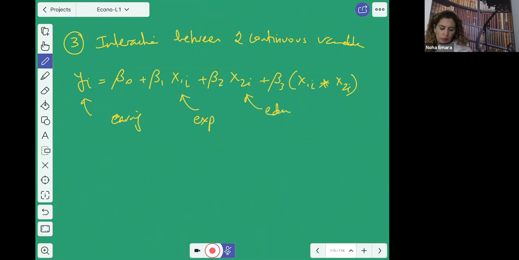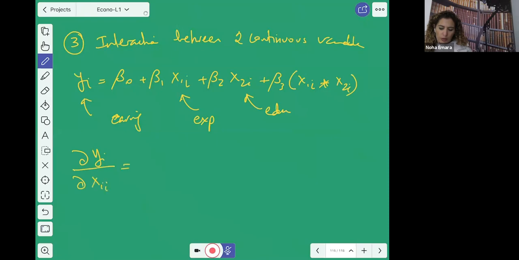experience, and this is education, okay? And now suppose that I want to find out what's the impact of experience on your earning. I can easily do a first derivative. So what is the first derivative of this equation with respect to experience?